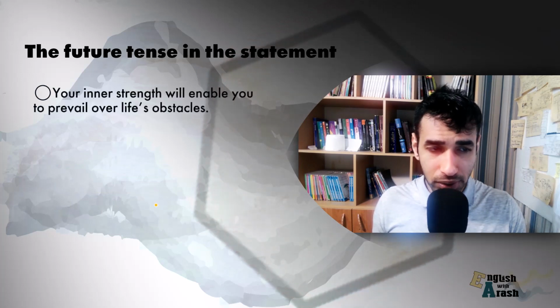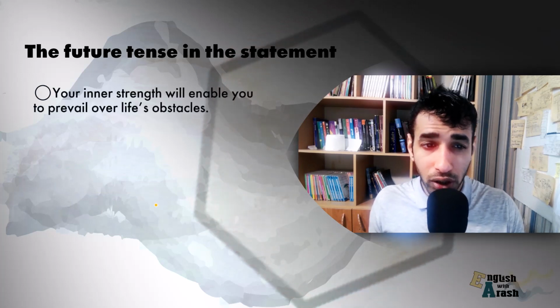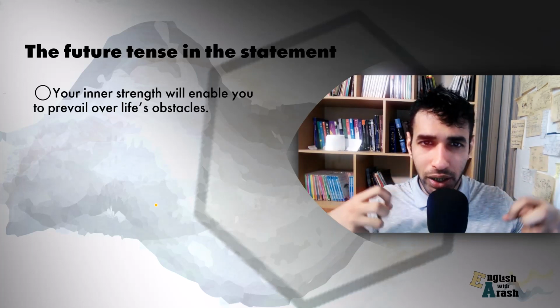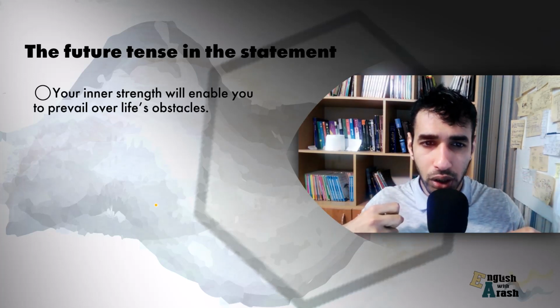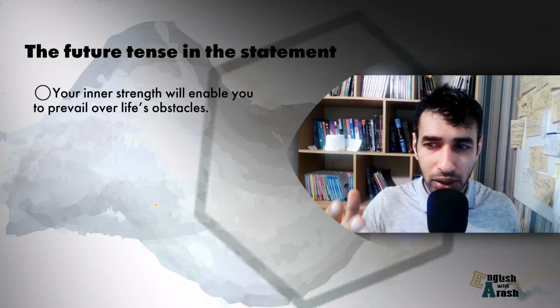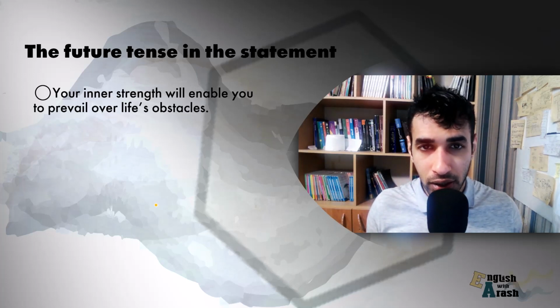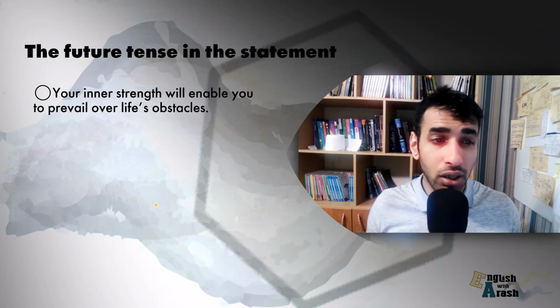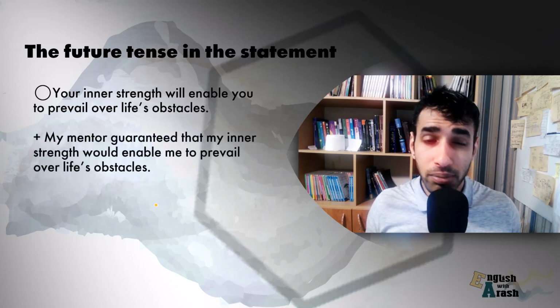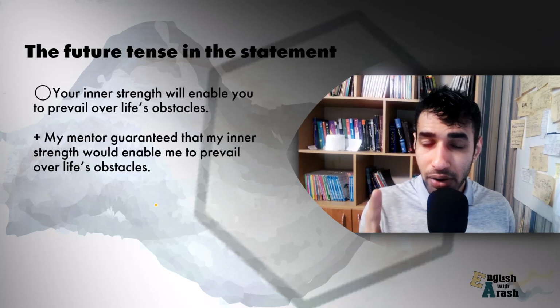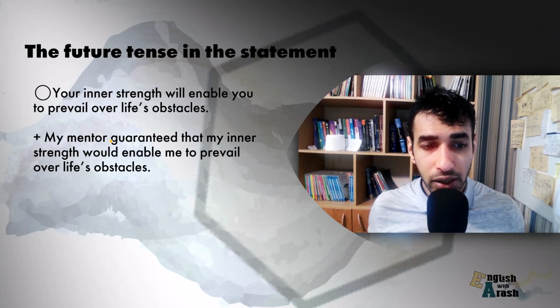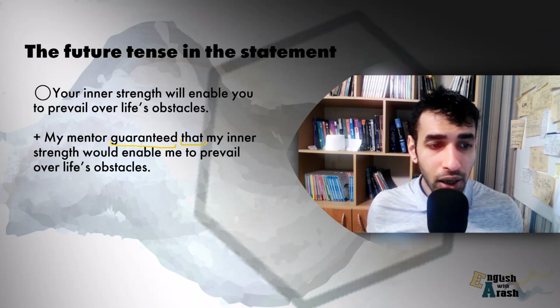More examples. Your inner strength will enable you to prevail over life obstacles. Your inner strength will enable you to prevail means to be more powerful and win over life obstacles. Who said this? My mentor. My mentor guaranteed. Guarantee is a reporting verb. That is optional. My inner strength.